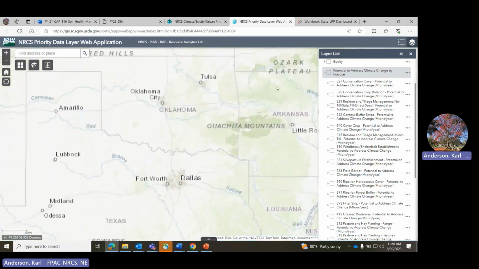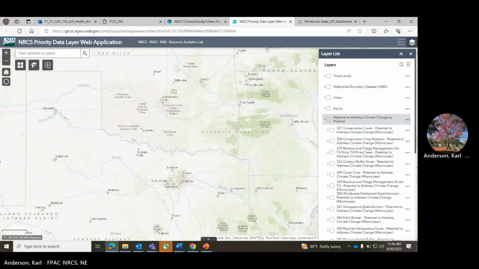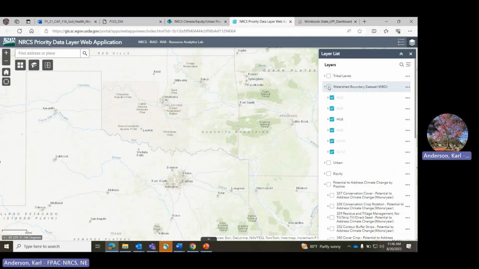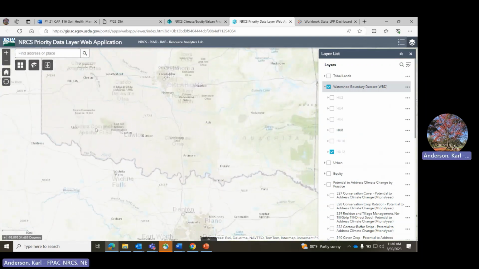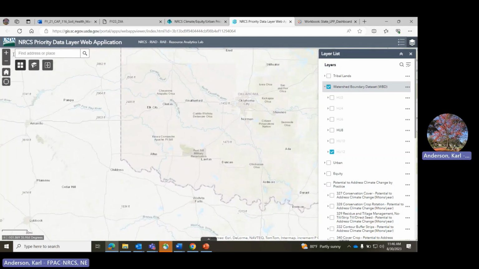One thing that's kind of cool is you can come up here and grab watersheds. So I want to find that same watershed. Get a little bit closer, because these things won't really show up very well until you get closer.